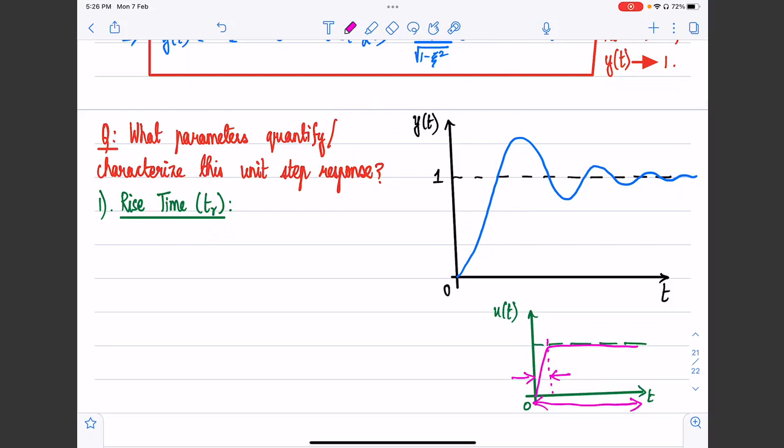Suppose this is of the order of 100 milliseconds, and the system responds in, let's say, 5 seconds. I will say 100 milliseconds is very small compared to 5 seconds, so at least I can neglect it. That way I can still use the step response and the theoretical results coming from it to analyze.